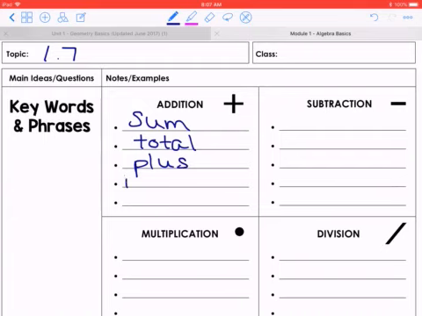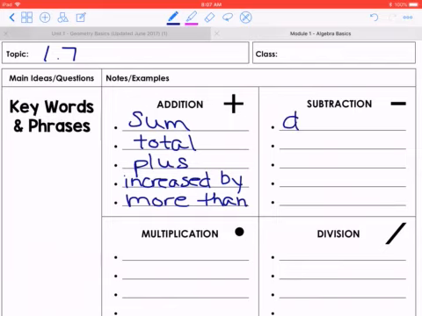Plus, sometimes we can say increased by, or more than. So all of those words or phrases mean that you will be adding. For subtraction, you're going to use the word difference, minus.